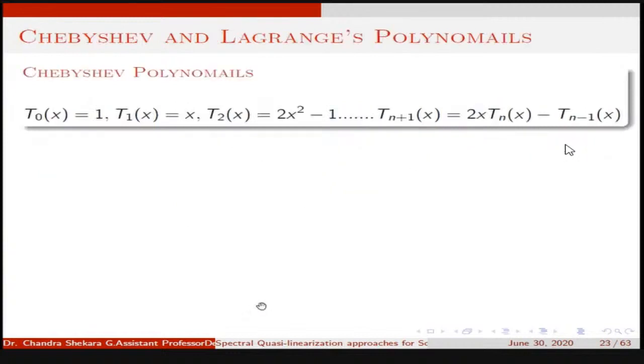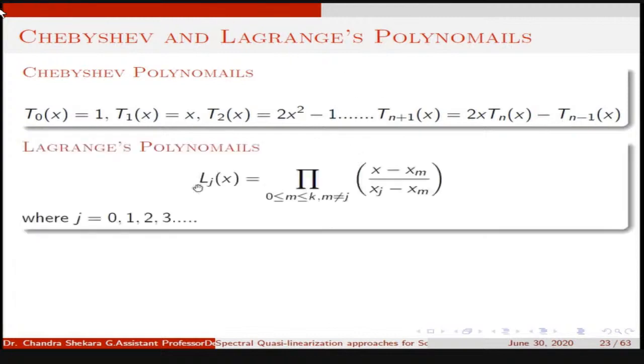Now, before jumping into solving a differential equation, let me quickly give some important properties of Chebyshev and Lagrange's polynomials. The Chebyshev polynomials are T naught is 1, T1 is x, T2 is 2x squared minus 1, and this is the recurrence relation for general Chebyshev polynomials: Tn plus 1 is 2x times Tn minus Tn minus 1.